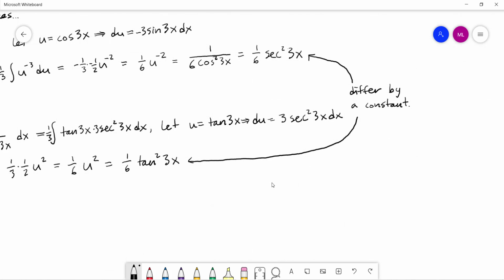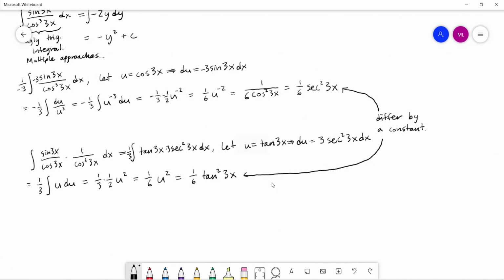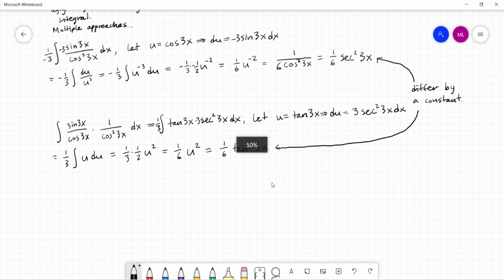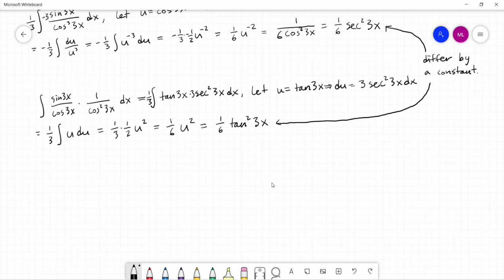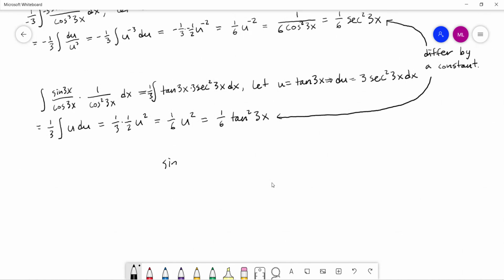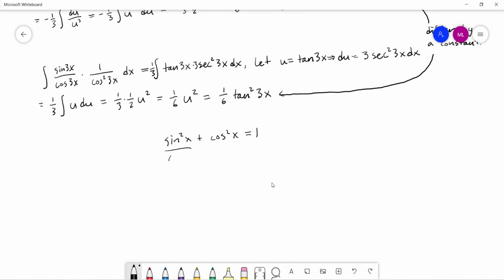And if you remember your Pythagorean identities from trigonometry, the simple one is that sine squared of x plus cosine squared of x equals 1. But if I divide the whole thing by cosine squared, then this becomes tangent squared of x plus 1 equals secant squared of x.